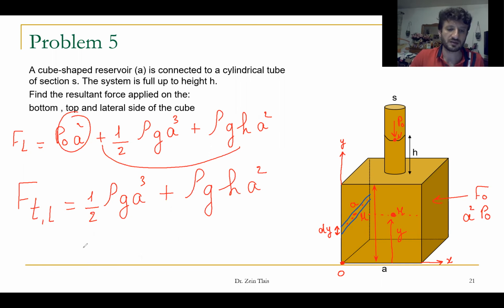We can take a common factor, rho G A square. Here we have A over 2 plus H.